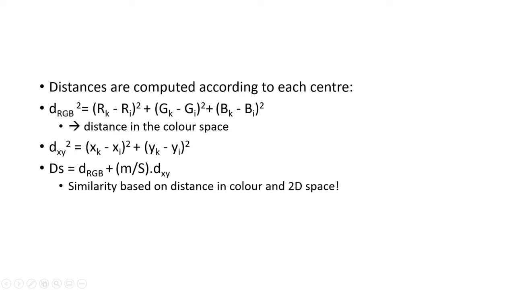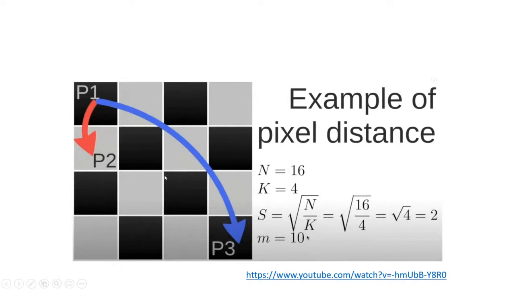So there's a Euclidean distance in terms of color, and a Euclidean distance in terms of the spatial place. So one pixel will be similar to your cluster center by a measure of the distance in the RGB space and the distance in the spatial domain. Right? So let's see an example.